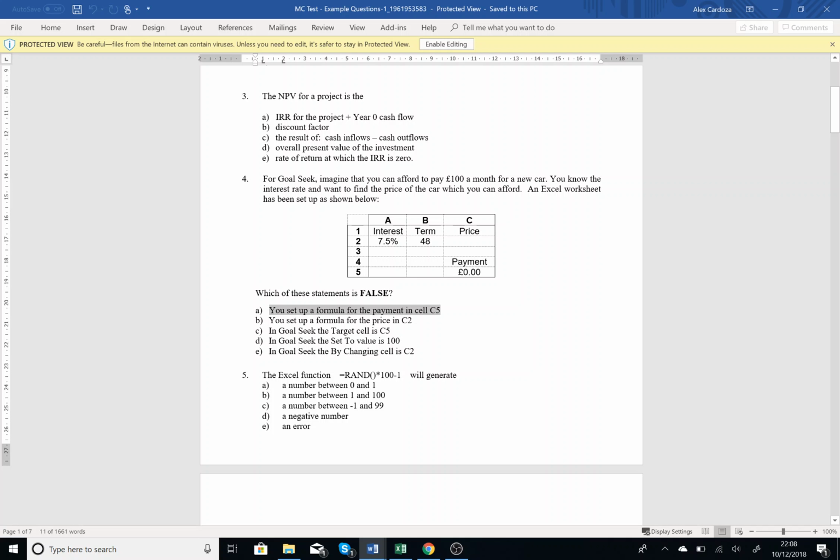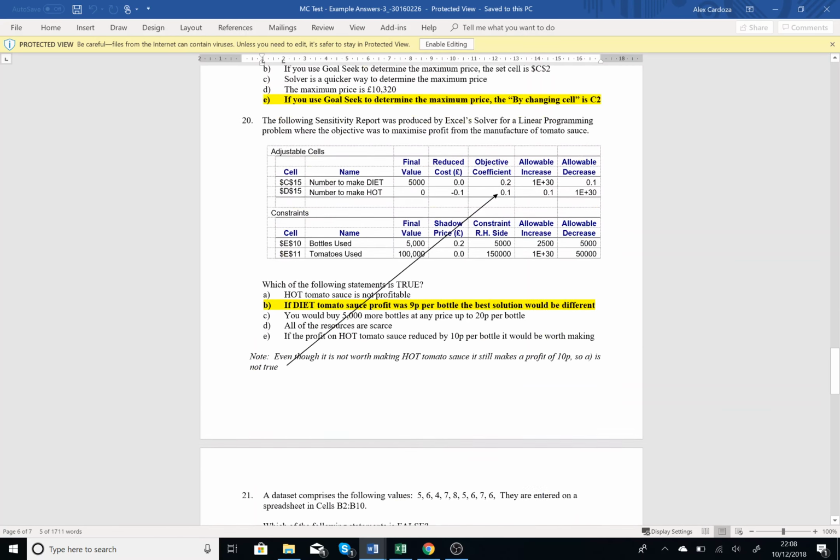In goal seek, the set to value is 100, that's true, so that one's false. Okay, as you can see in the answers.